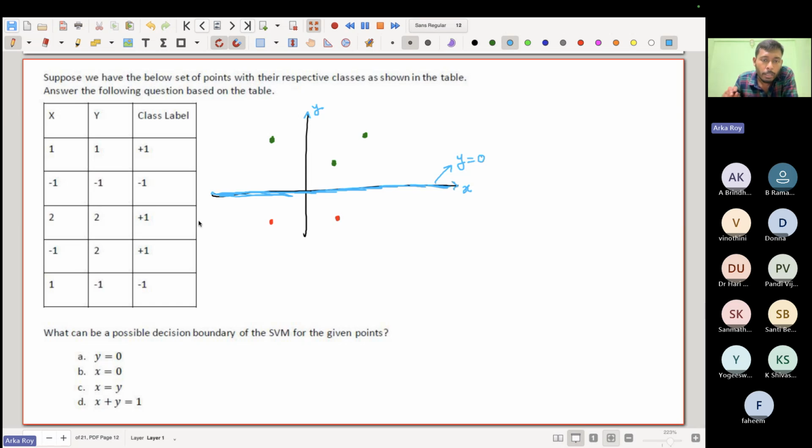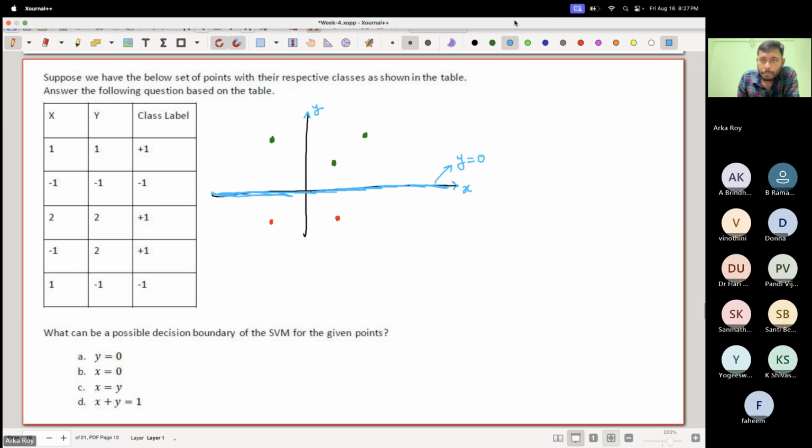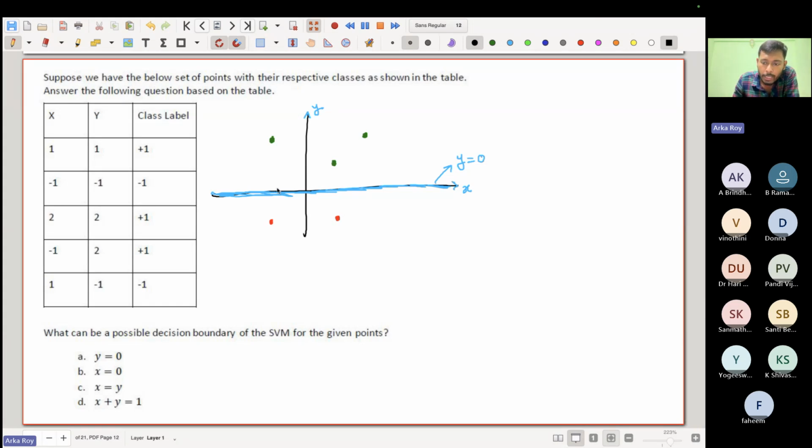So please tell me what are the support vectors for this particular trace? Which points are basically the support vectors? If we take the nearer points, 3 points would be there. Yeah, so there would be 3 points.